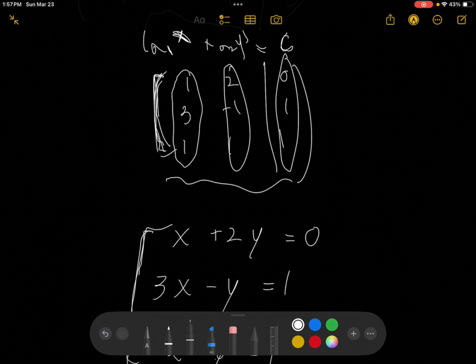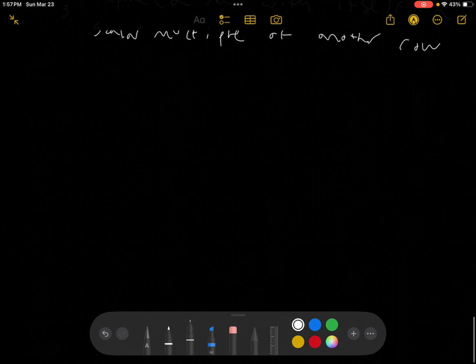So we can go ahead and see an example of that on this matrix right here.